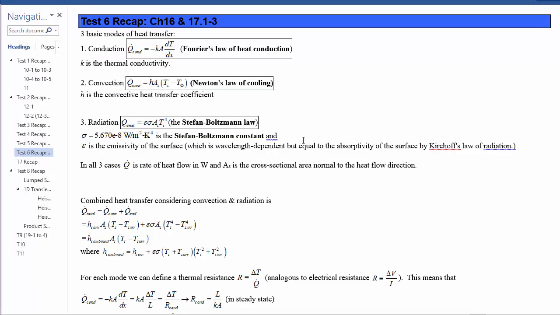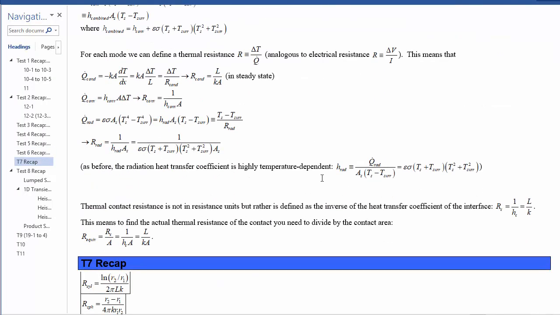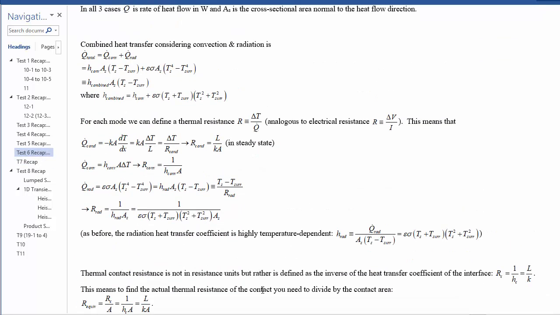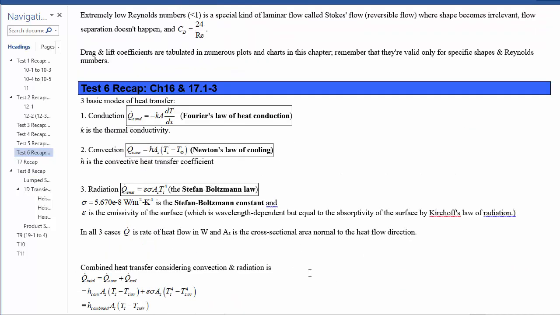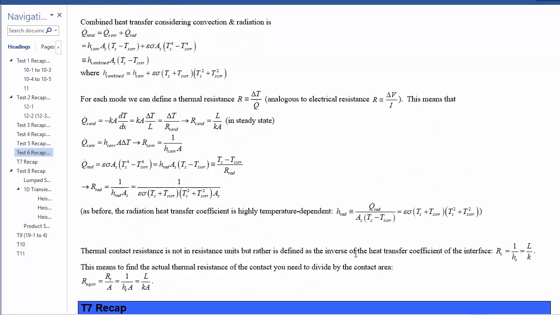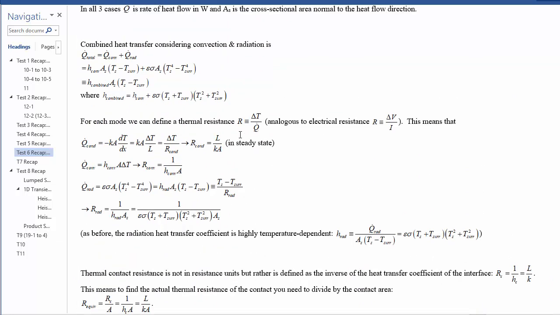So for the information on this, we're going to go over to the test recap, where we've got information about adding thermal resistances and how to deal with this. The way to discuss this is to use the electrical analog, where every element has an effective thermal resistance that is defined as the temperature difference across it divided by the rate of heat flow through it.